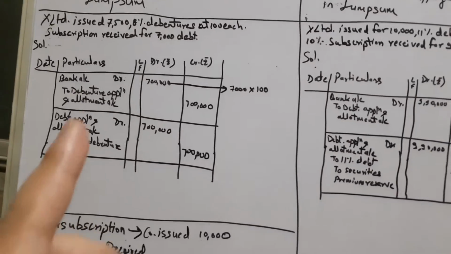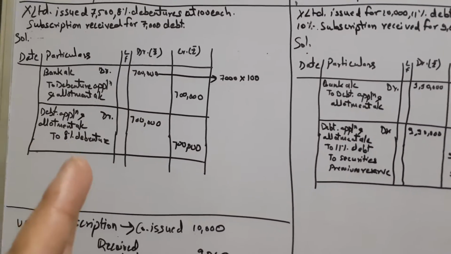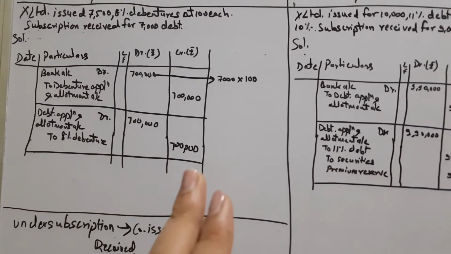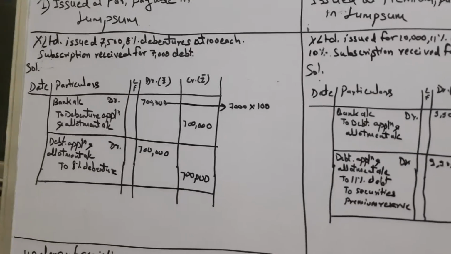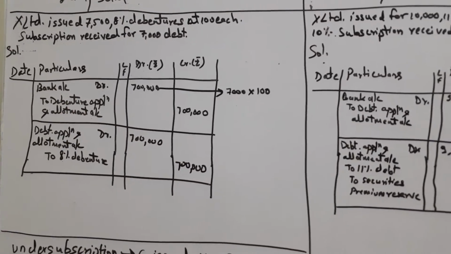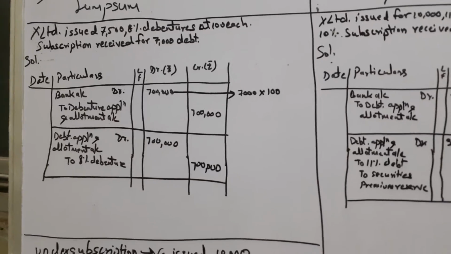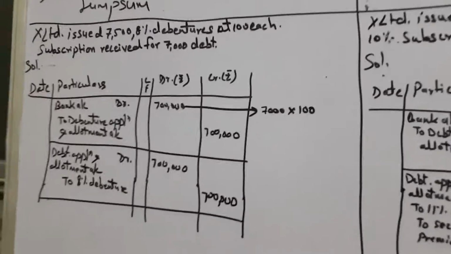The first entry was the receipt entry, the second is the due entry, where debenture application and allotment account will be debited to 8% debentures account with 7 lakh rupees. One thing I would like to add here, narration is required in every entry. Like in the first entry, when you pass the receipt entry, what you have to write here, I hope you know the narration. Narration means just in brief regarding what entry you have passed.